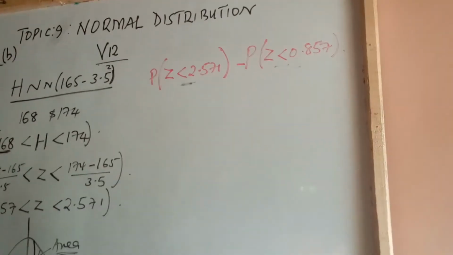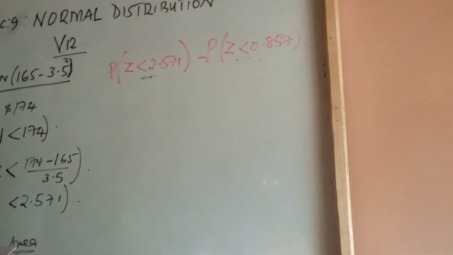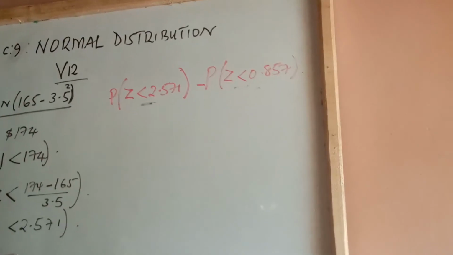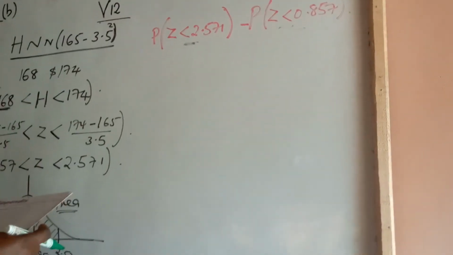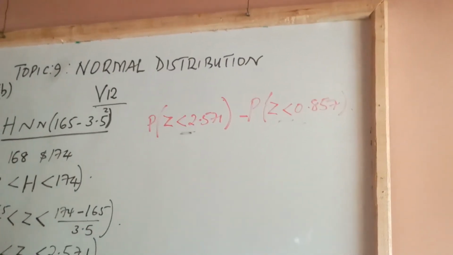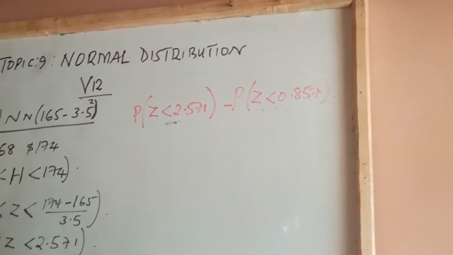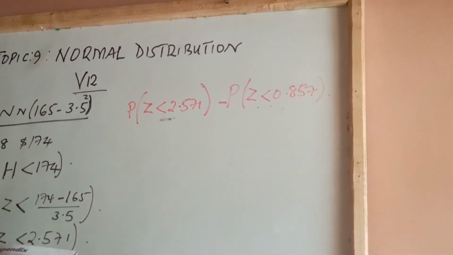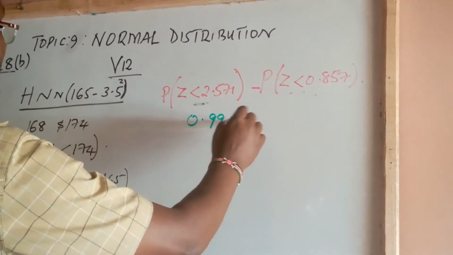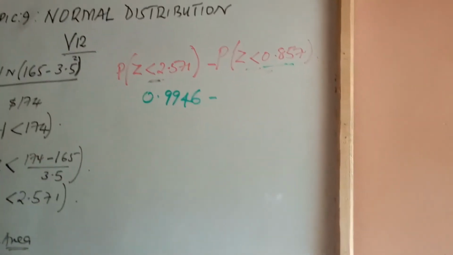We don't have exactly 2.57, but we have 2.55, which is closer to 2.57 than 2.6. The area or proportion that we get for 2.55 is 0.9946.